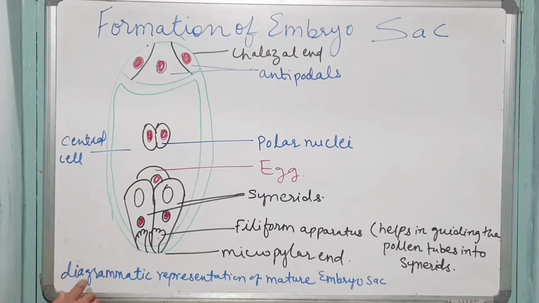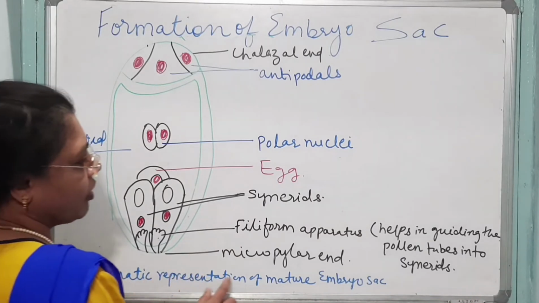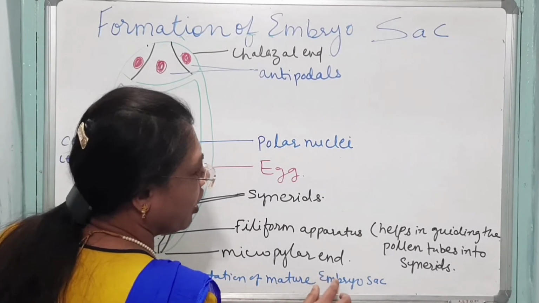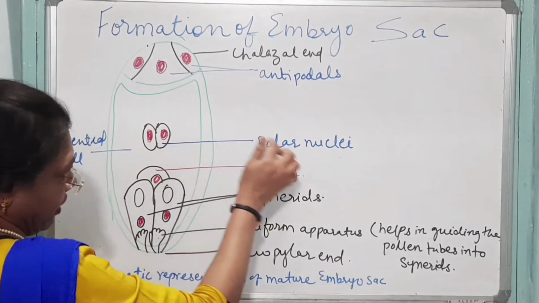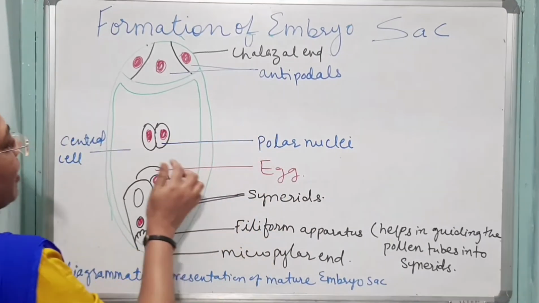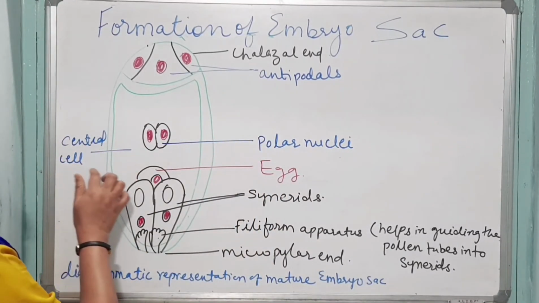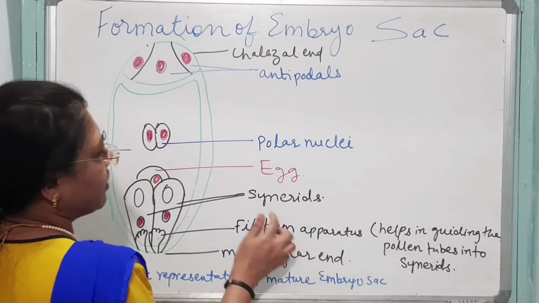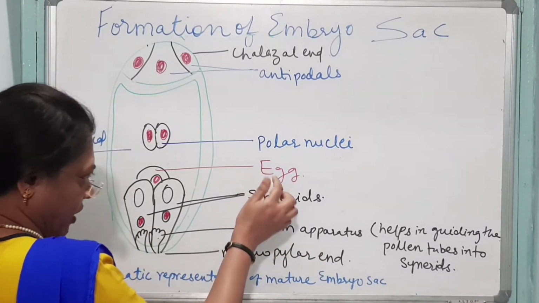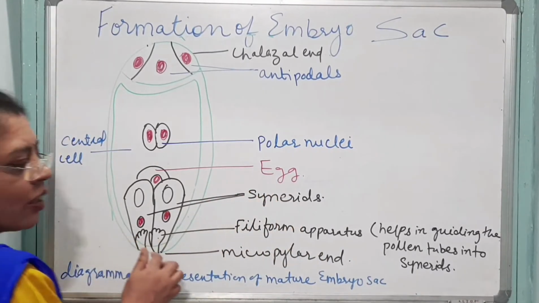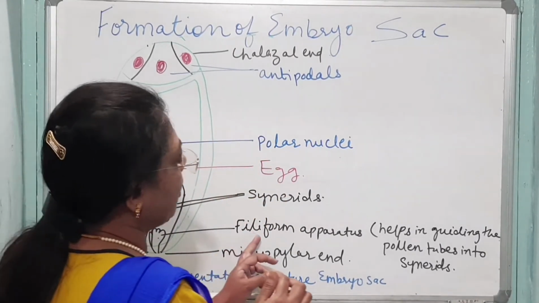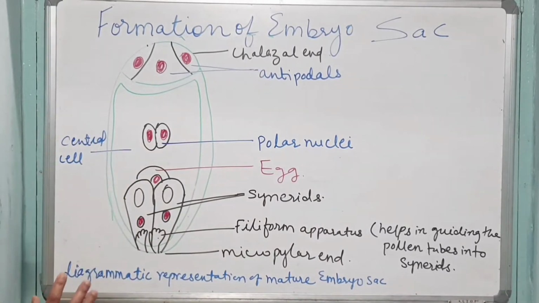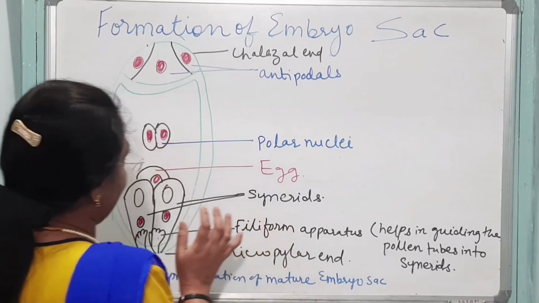Okay, is it clear? So this is the diagrammatic representation of a mature embryo sac: chalazal end with 3 antipodals, at the center the polar nuclei inside the central cell, and at the micropylar end the synergids and the egg. I hope you have understood the whole distribution of the 8 nuclei.